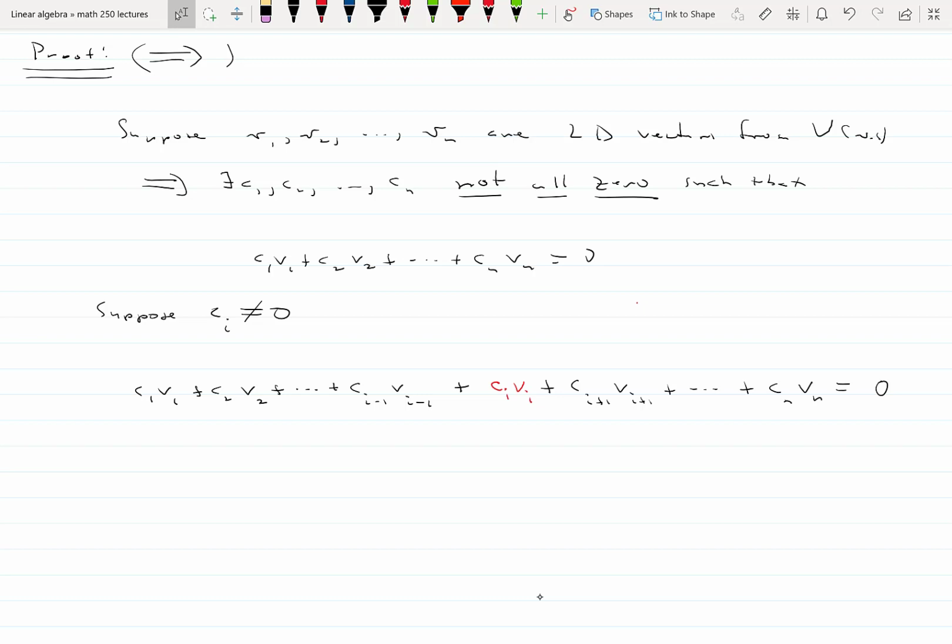So we have those 8 properties of vector spaces. The sum of all the vectors except for the little red one in there, the ci vi, forms a vector. If that little red vector plus that other vector made up of the rest of the vectors is 0, that means that the red vector is the opposite of the rest of them.